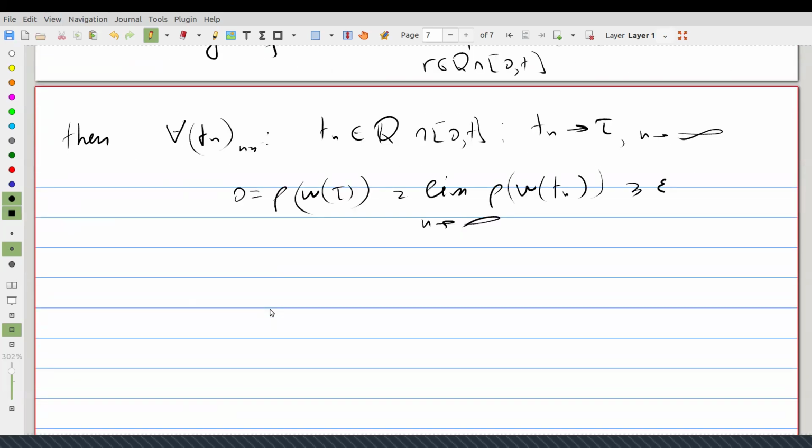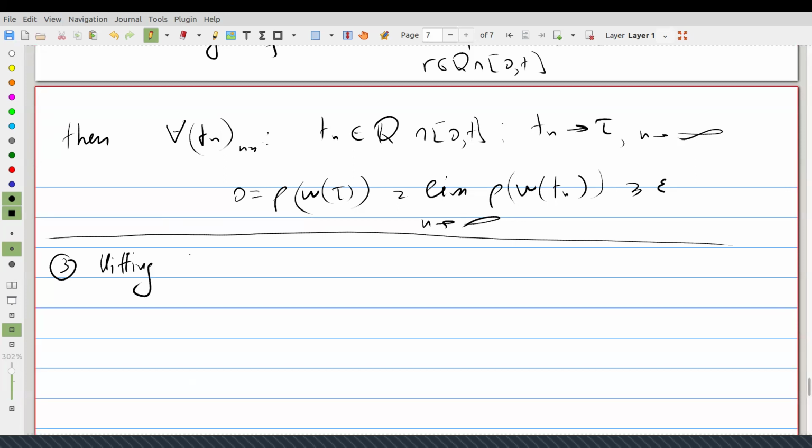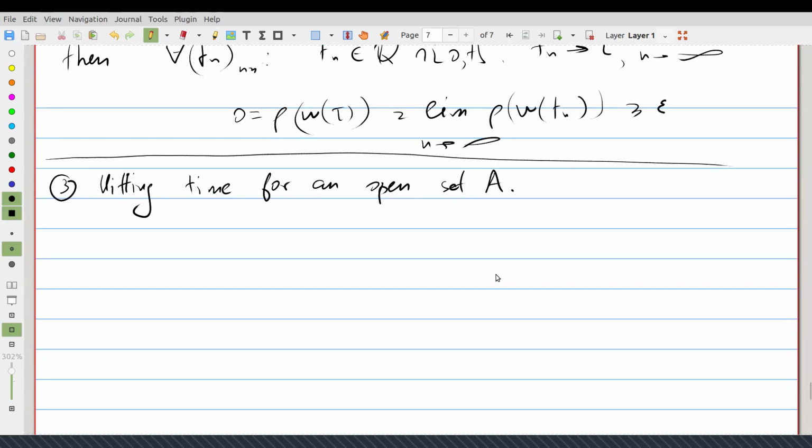So a first hitting moment of a closed set is always a stopping time. Now, the hitting time for an open A is trickier, because actually this is not true. The hitting time of an open set is not guaranteed to be a stopping time. And that's why we need a slightly more advanced filtration instead of the natural one.